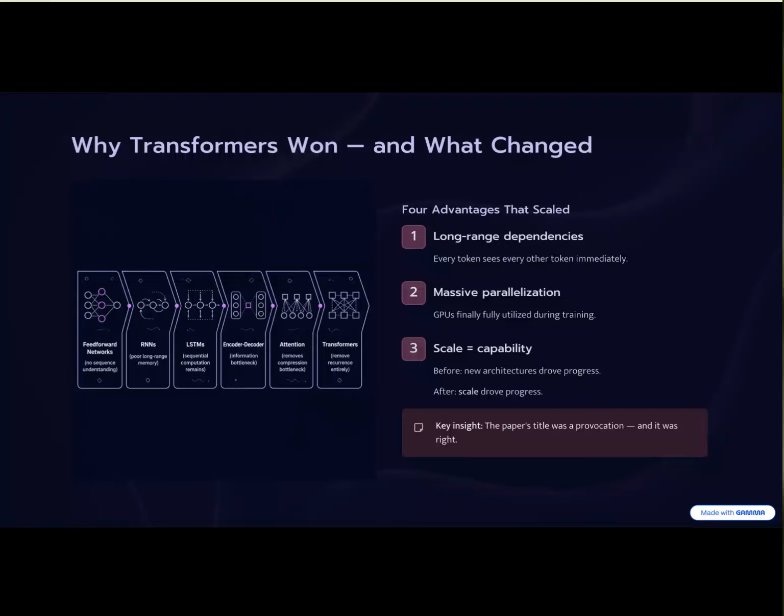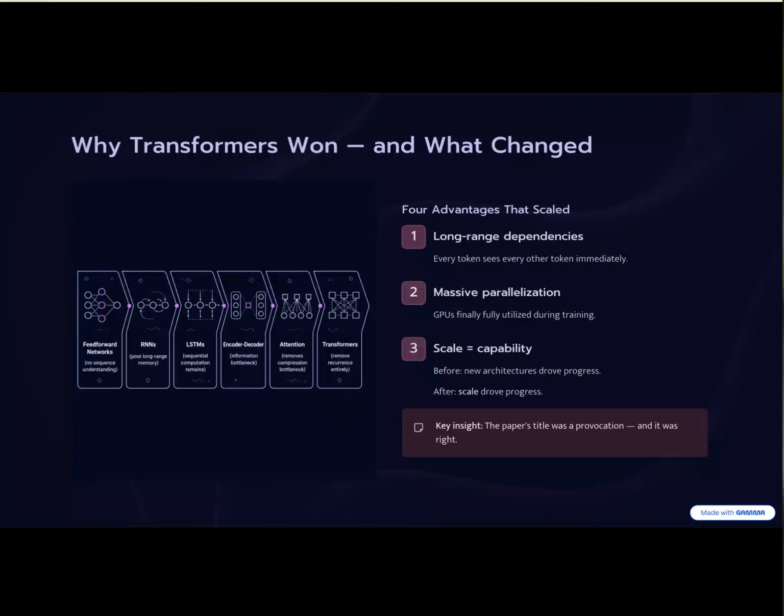So, a series of bottlenecks made the NLP evolution, right? First the feed-forward networks, where there was no sequence understanding, then came the RNNs, but with poor long-range memory. So LSTMs came, but the sequential computation remained. Finally, when the encoder-decoder models came into action, an information bottleneck was there.